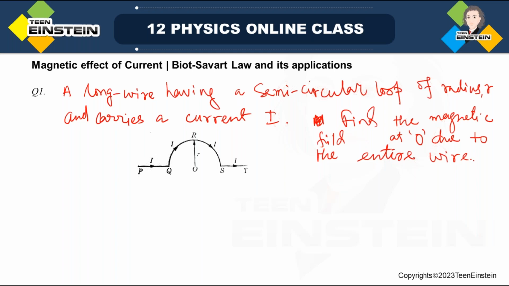We need to write down the master formula for calculating magnetic field for the straight line and the curved part.